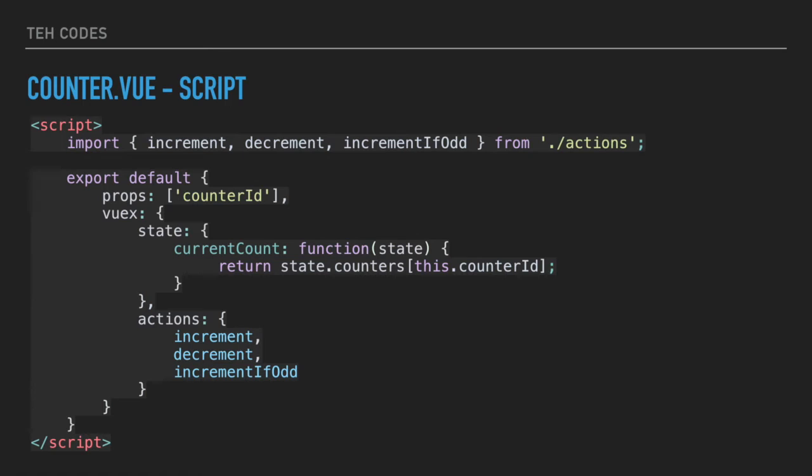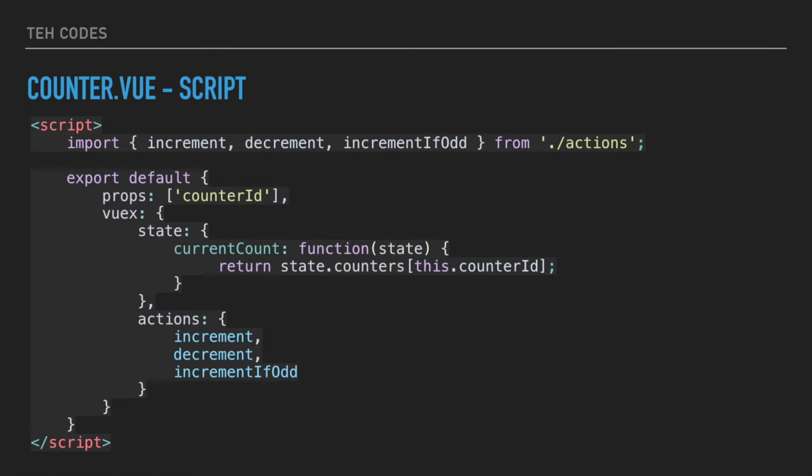So we are importing increment, decrement, and increment if odd actions from our actions.js file, and we are binding them into our Vue component by way of these extra configuration keys that Vuex provides. For example, vuex.actions is where you bind your actions in.